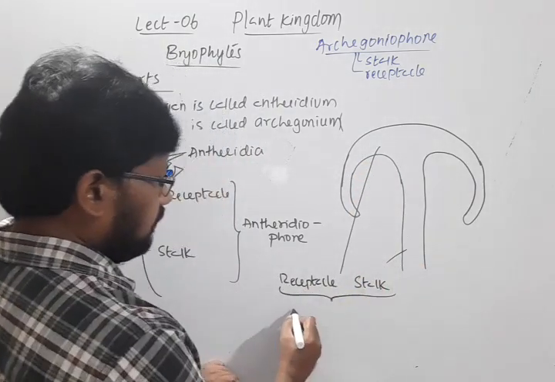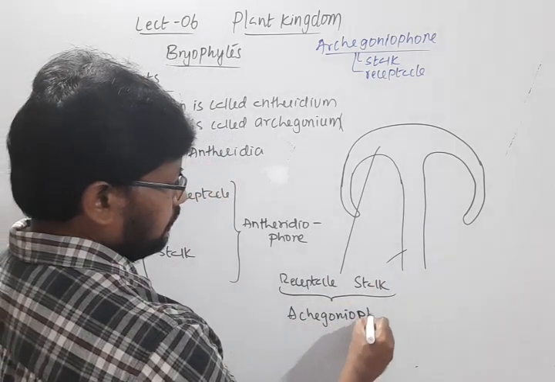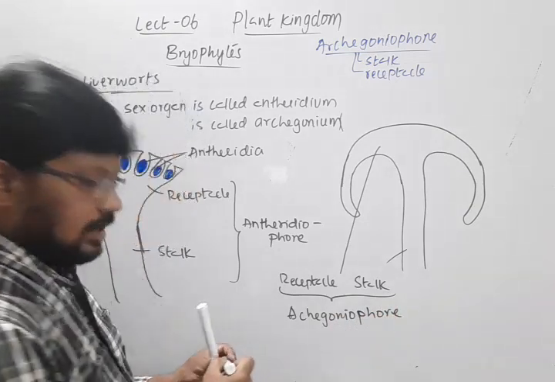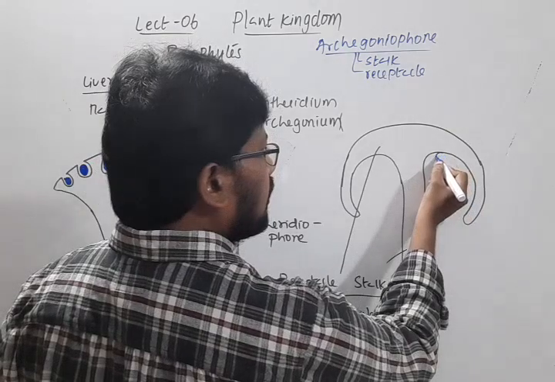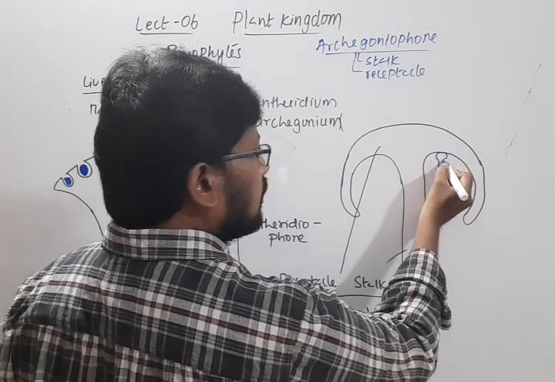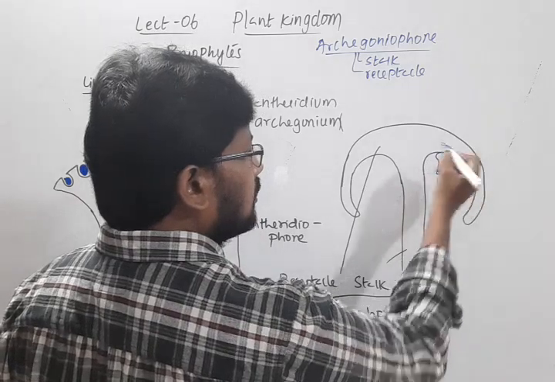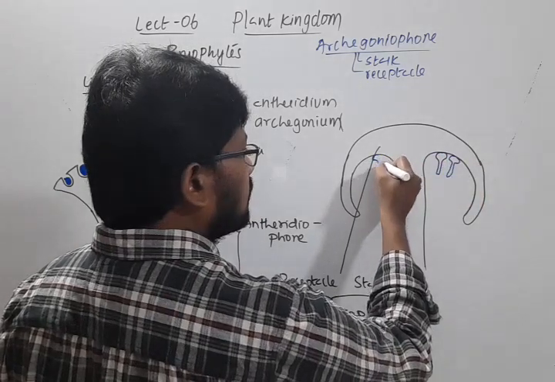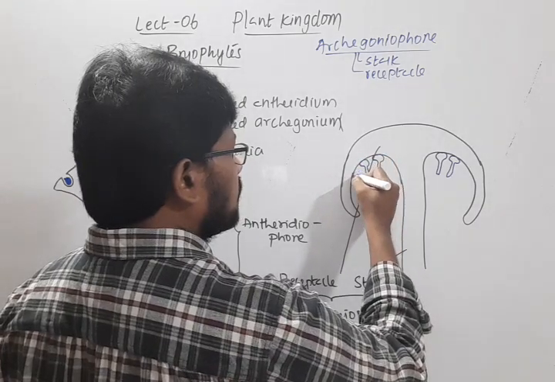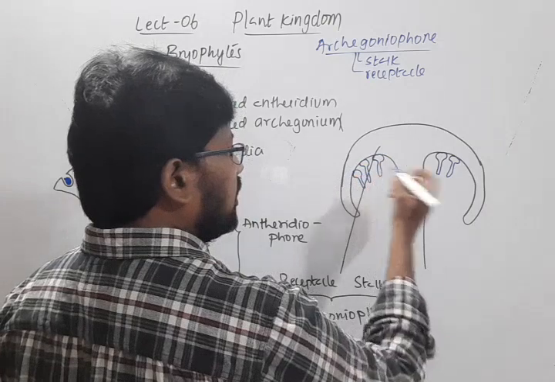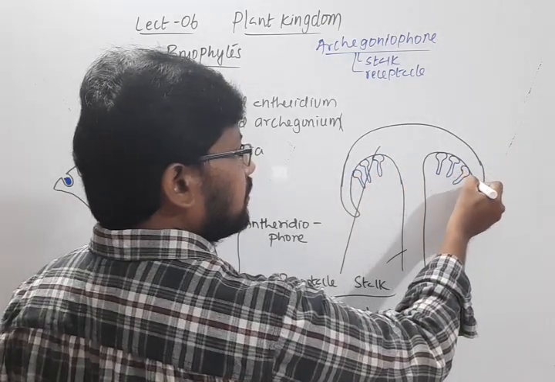Both together form the archegoniophore. Here we will see archegonia. These archegonia are flask shaped.